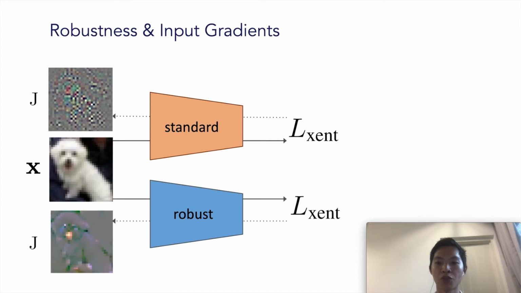Whereas, in the case of a robust model, we can see a much more meaningful input gradient. Input gradients can be loosely interpreted as what a particular model thinks is important in predicting its output. So in a way, robust models are actually relying on salient features that are also meaningful to the human eye as compared to the non-robust model on the top.